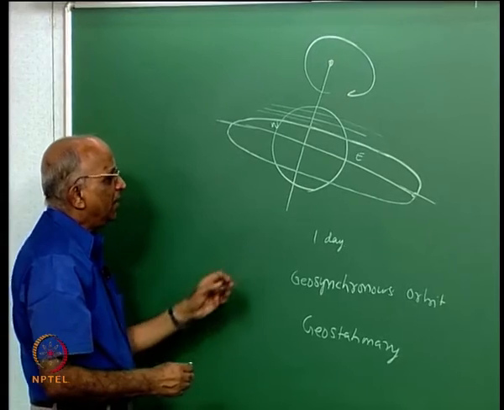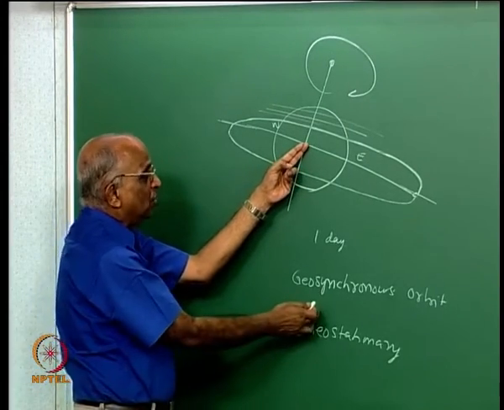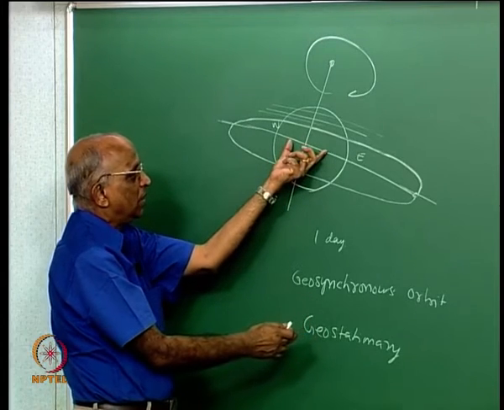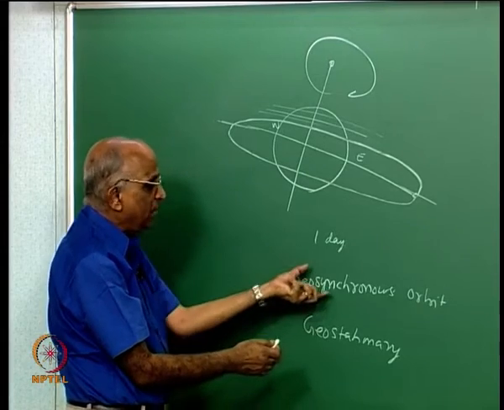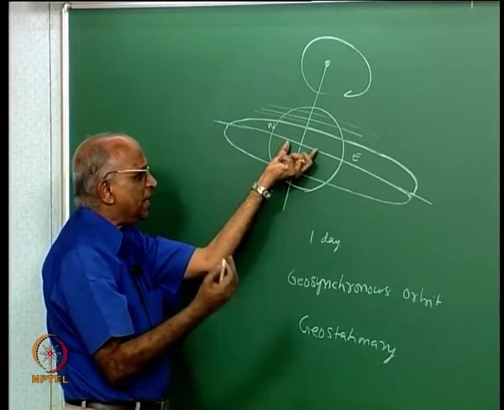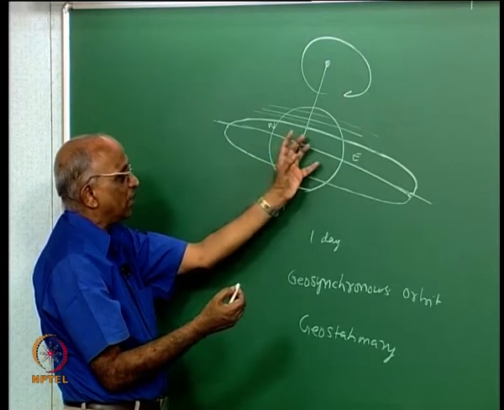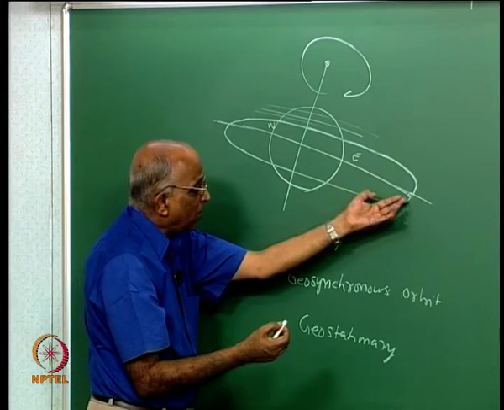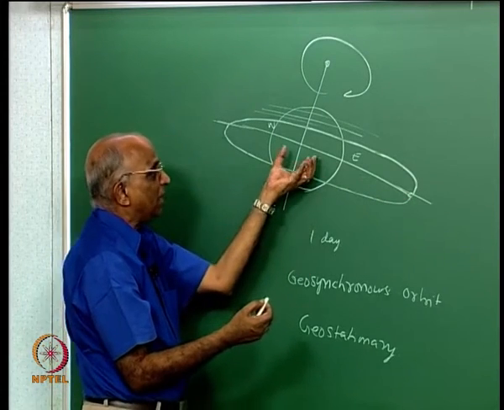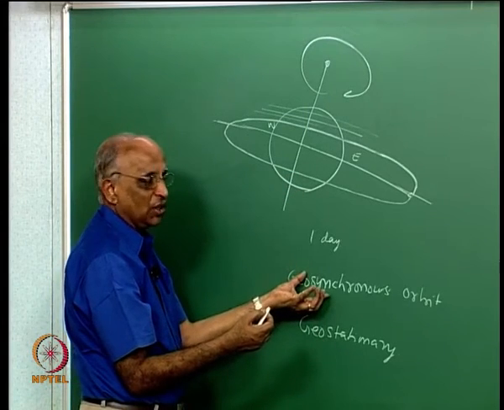Having said that, it is not necessary that we should have geosynchronous and geostationary orbits only for the earth. It is possible to have geostationary and geosynchronous orbits for any other planets so long as the planet is rotating. Any other heavenly body, if it is rotating and the satellite or object is moving at the same rate as the rotation of the body, we could have a geostationary or geosynchronous orbit.